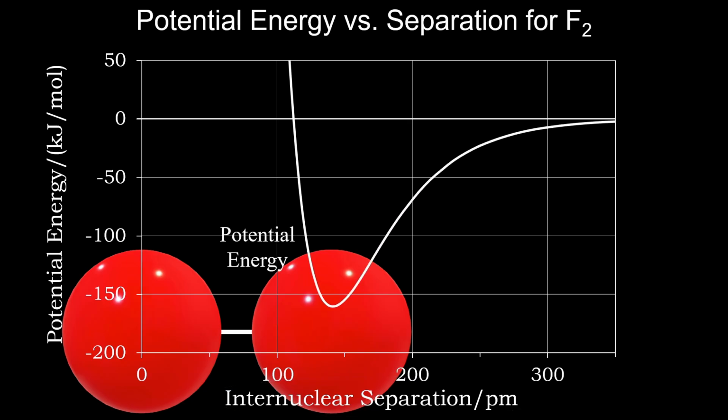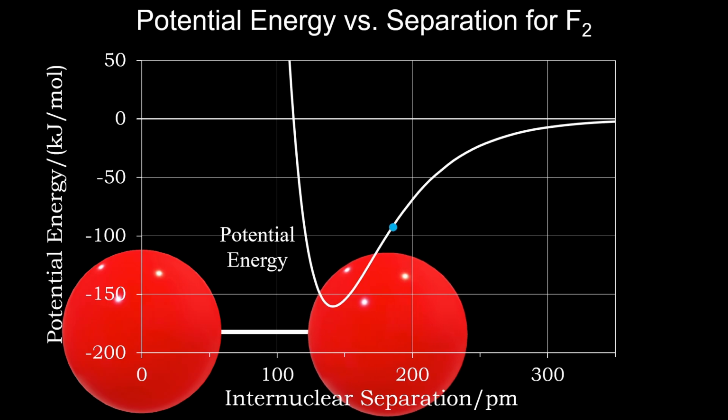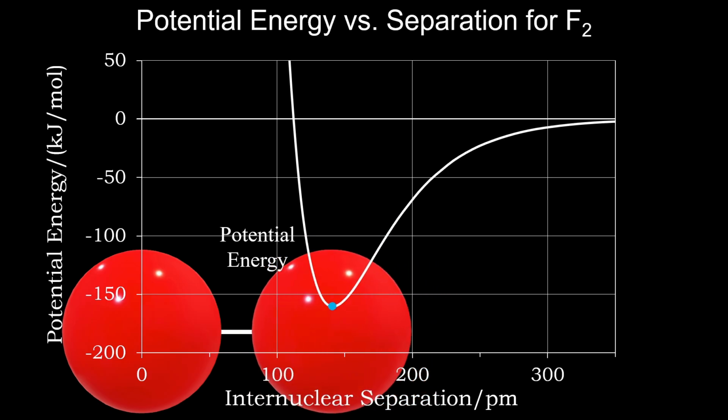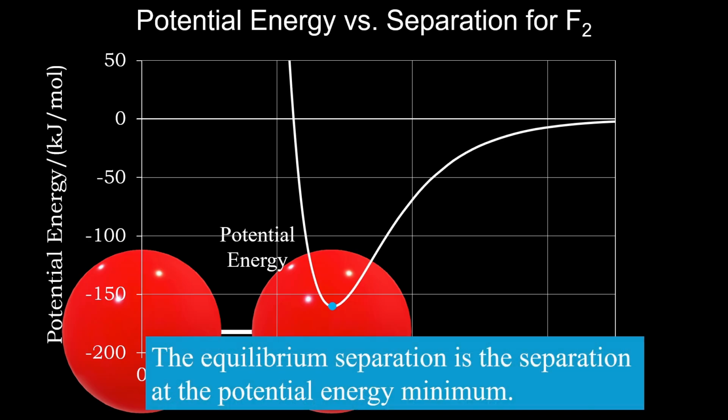So the potential energy changes as the molecule vibrates. The equilibrium separation is the separation at the potential energy minimum. So these 2 atoms are at their equilibrium separation.